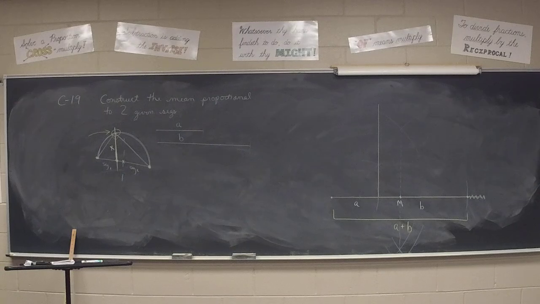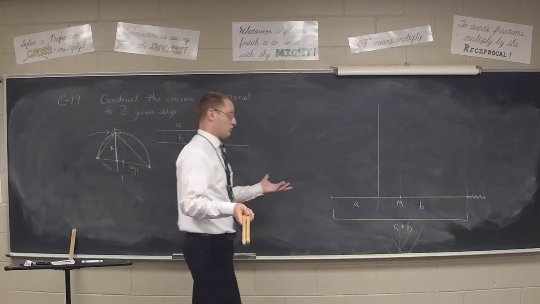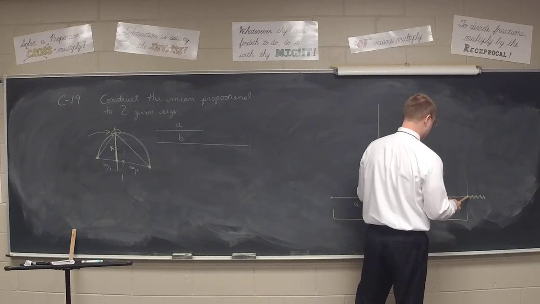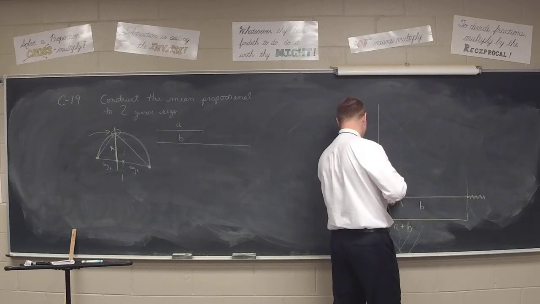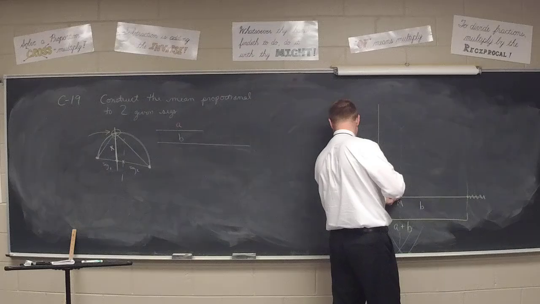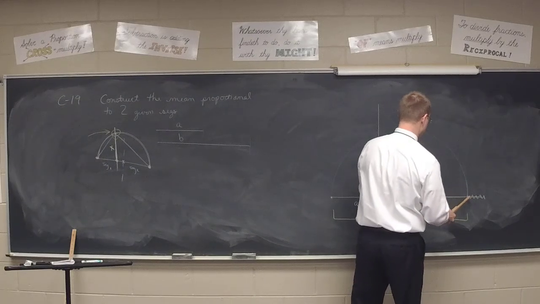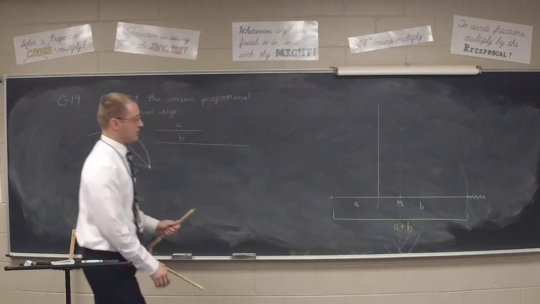And step number 5, you can assume, is to construct the semicircle. Put the point on the midpoint, measure to either end, or if you're like me, you measure both. And there's my semicircle.